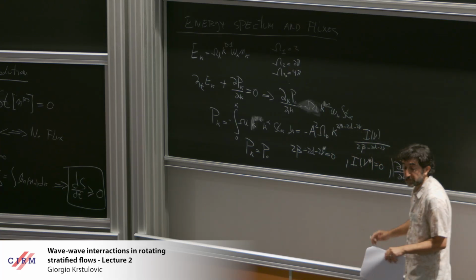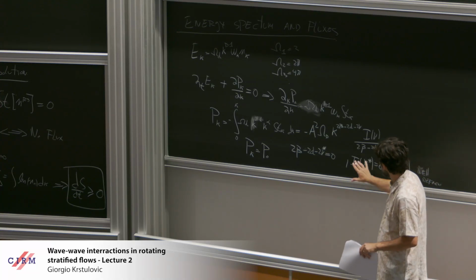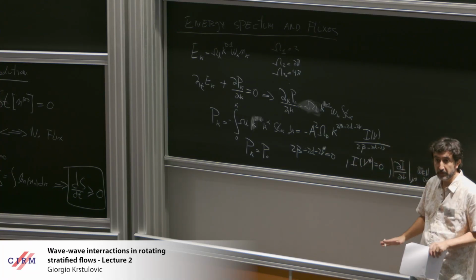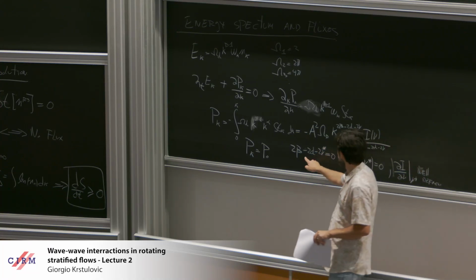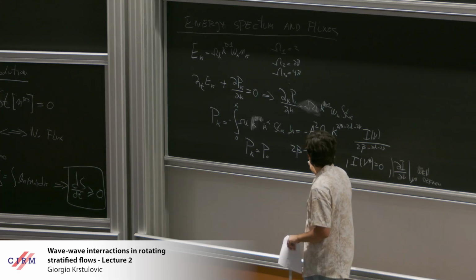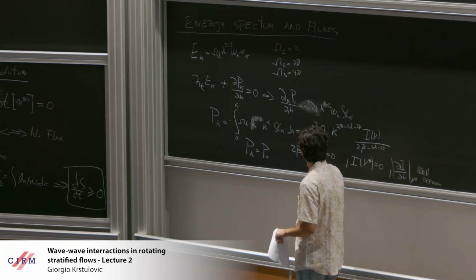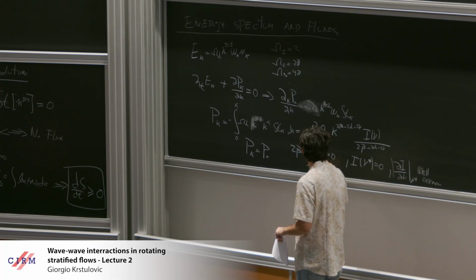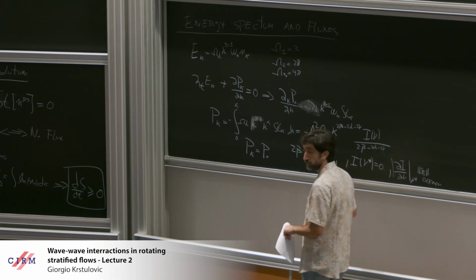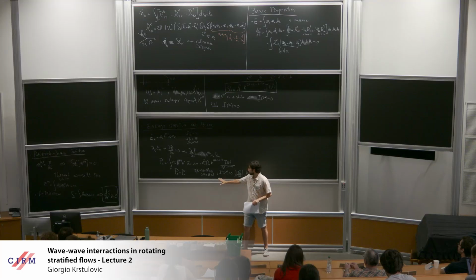So let's assume that you have these properties, that I of nu star, which is given by this quantity here, where nu star is just beta plus d. So this is the candidate you're looking for a constant flux solution.